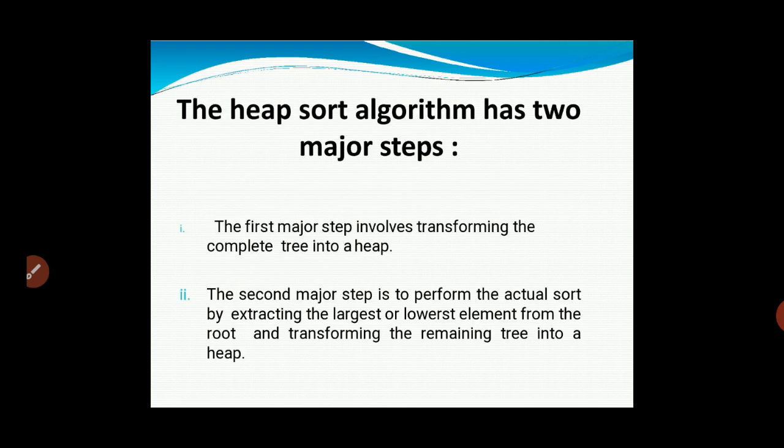Basically, the algorithm has two major steps. The first step involves transforming the complete tree into a heap, and the second major step performs the actual sort by extracting the largest or lowest element from the root and transforming the remaining tree into a heap. So the heap sort algorithm can be divided into two parts.